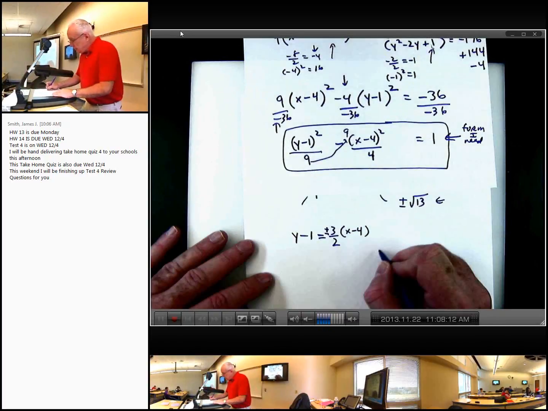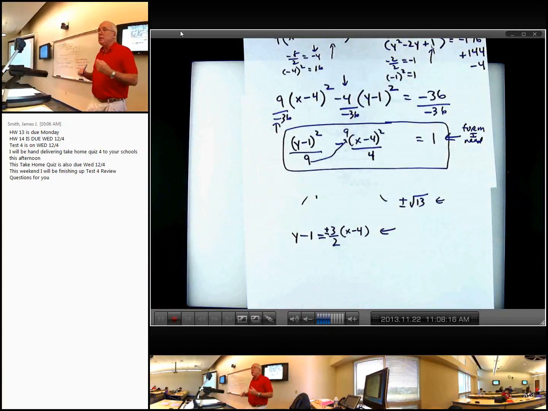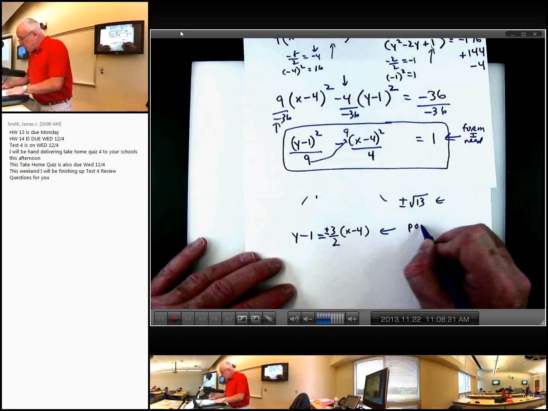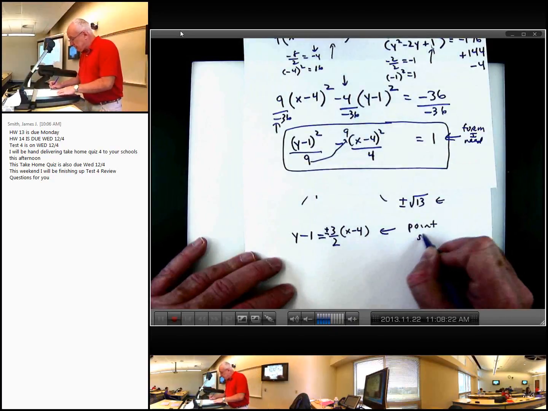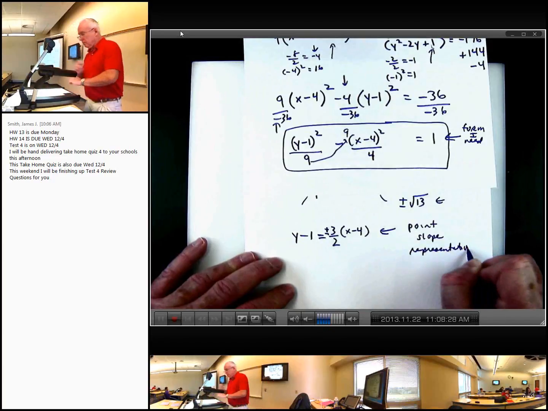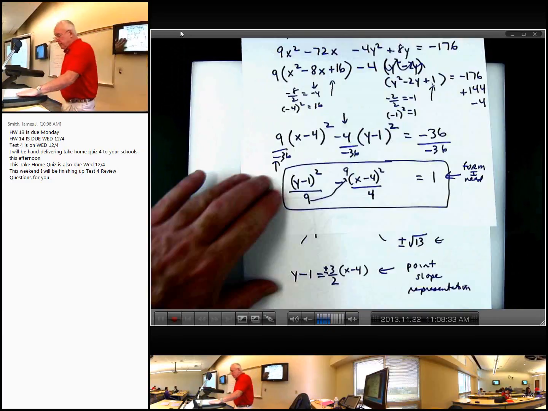So this, from algebra, we remember as the point slope formula. That's what this is. This is the point slope representation of that asymptote. Okay? We can read it right off of this.